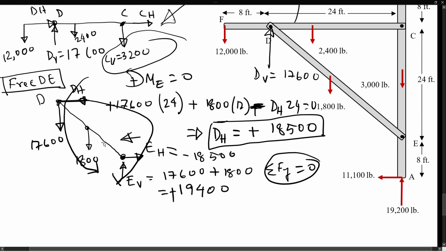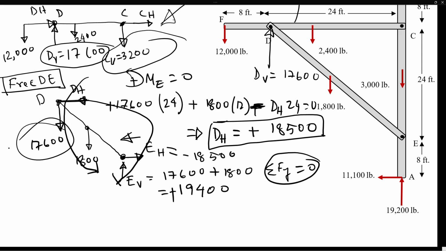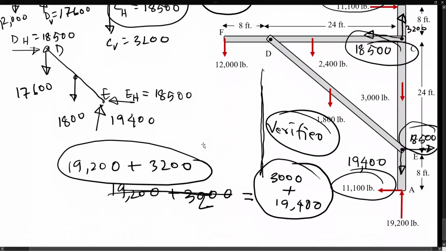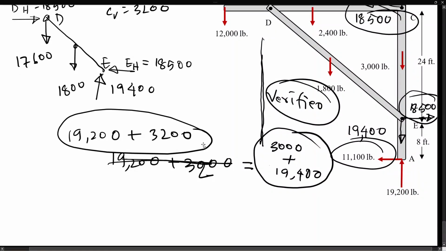One thing you must remember is that if the member CDF had the D vertical force in the upward direction, the associated member will have the exact same reaction at the same point, but in the downward, the other direction, so that it balances everything. And you just keep following these steps, and by the final member, you'll be able to verify whether you have calculated it correctly or not.